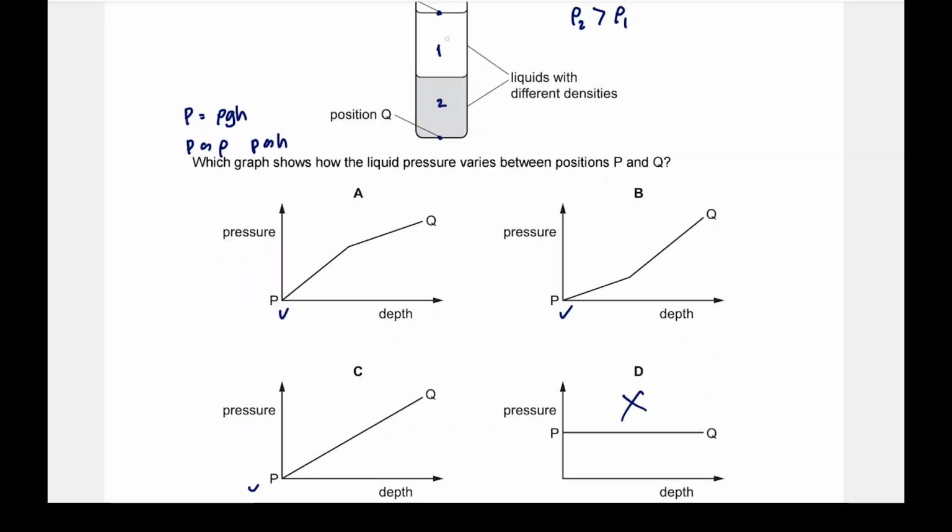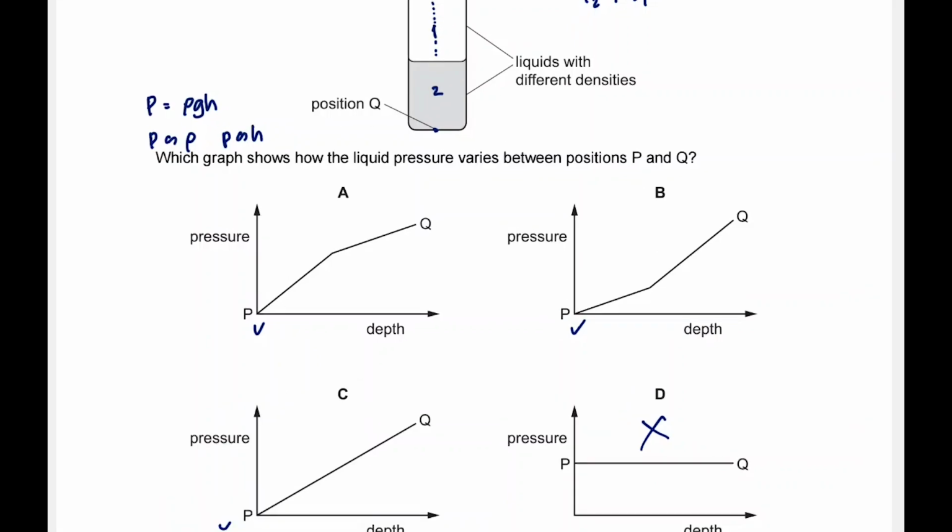And then as we measure it downward, the depth is increasing, therefore the pressure will increase. In A, B and C, the pressure increases, but we understand that liquid 2 has greater density, which means that the increase in pressure will be greater compared to the increase in pressure in liquid 1.